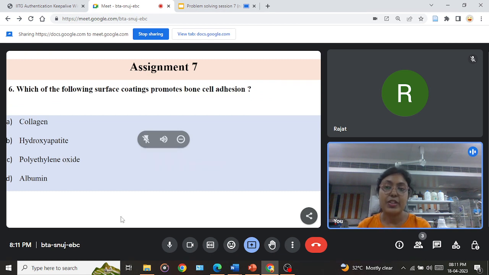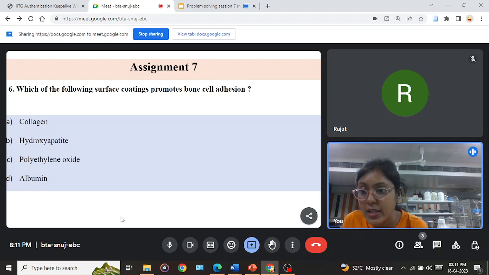Again, a similar question is there. Which of the following surface coatings promotes the bone cell adhesion? So options given here are A. Collagen, B. Hydroxyapatite, C. Polyethylene oxide, and D. Albumin.